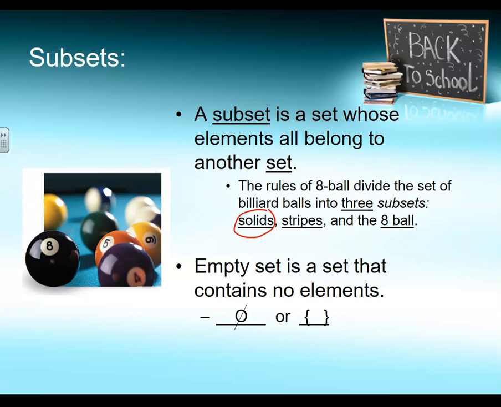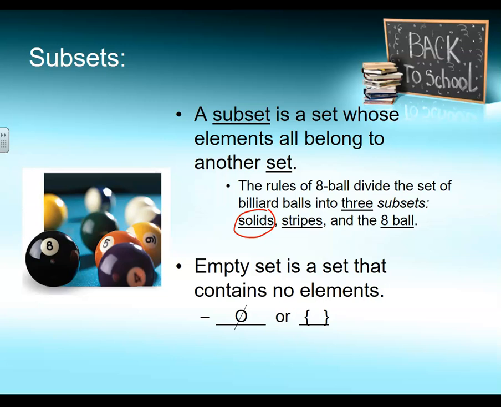My opponent would be trying to get all the stripes off the table. The last ball that you try to get rid of is the 8-ball. If you get rid of it too soon, you lose the game. So I landed a solid in the pocket, I try to get all the solids off the table, and then at the end, I call which pocket I'm going to put it in. I try to get rid of the 8-ball. So solids is its own subset, stripes is its own subset, and the 8-ball is its own subset.